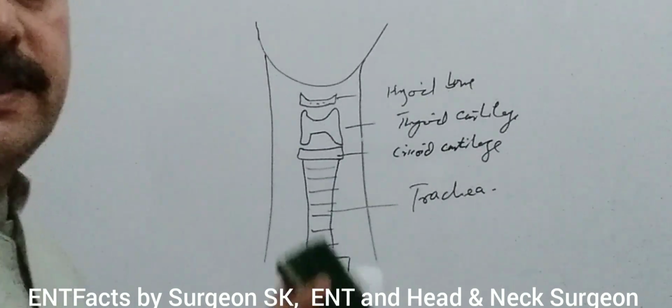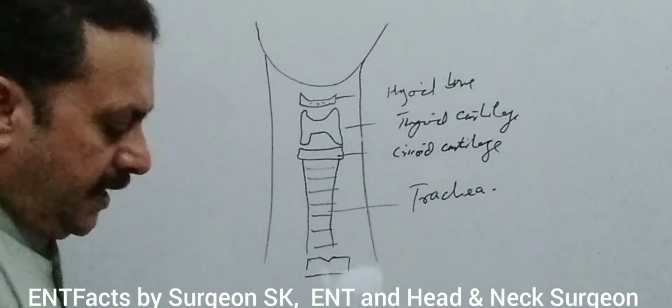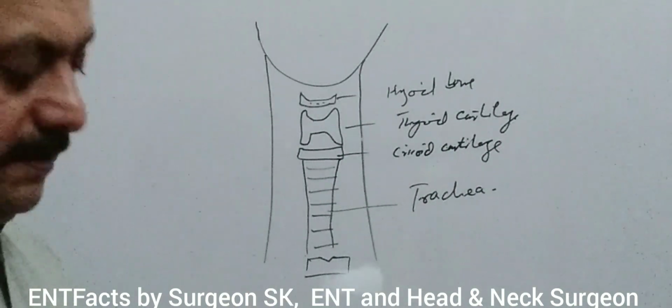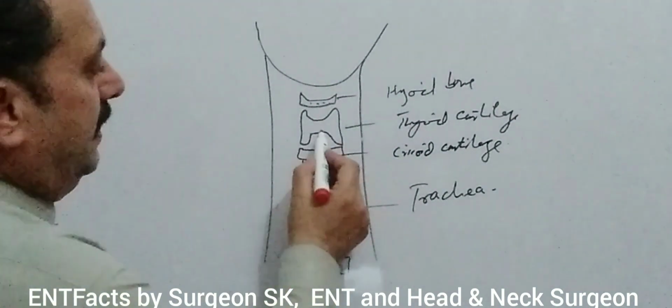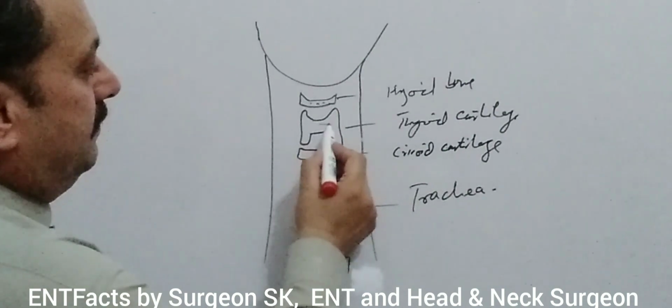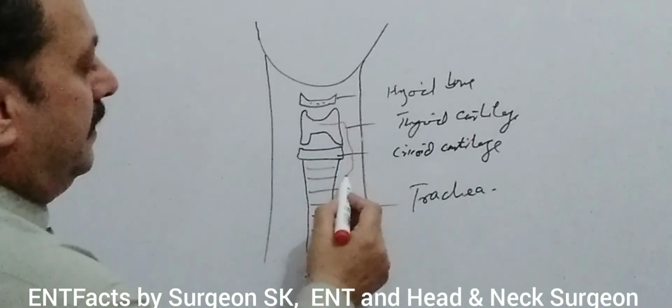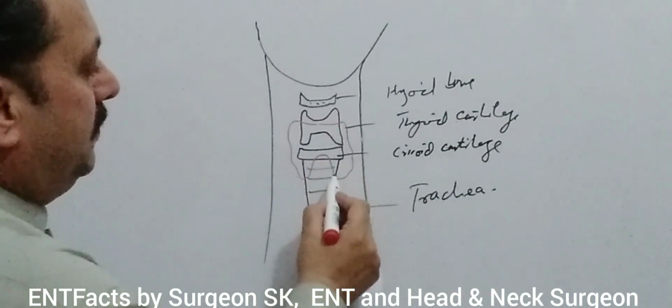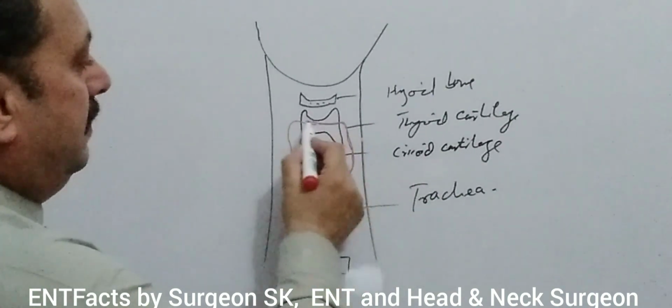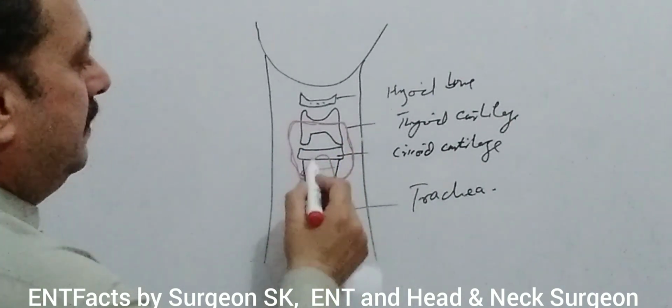In addition to these basic structures in the neck, there are other important structures. You know, here is the thyroid gland, a big gland lying here, starting from the thyroid cartilage up to the 2 or 3 upper tracheal rings.